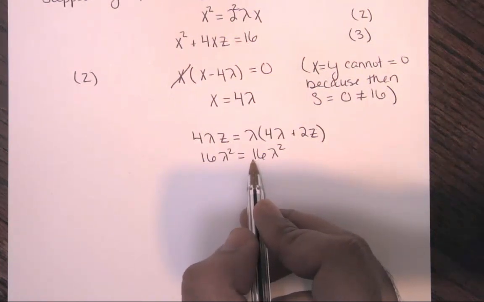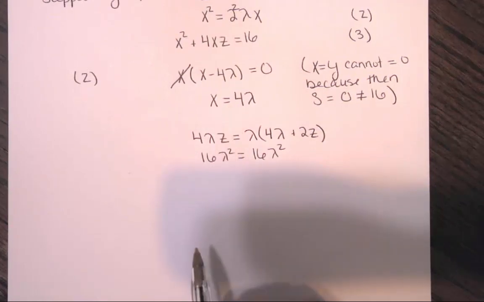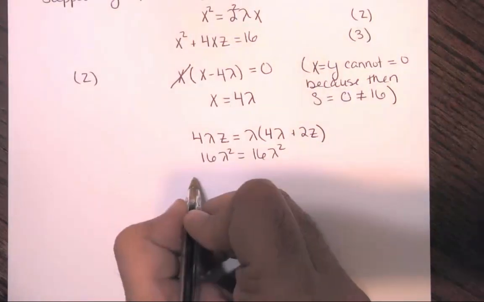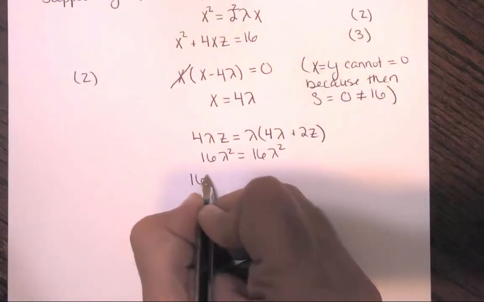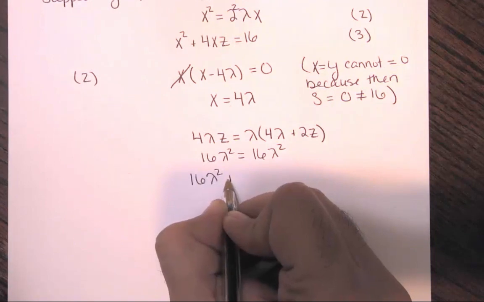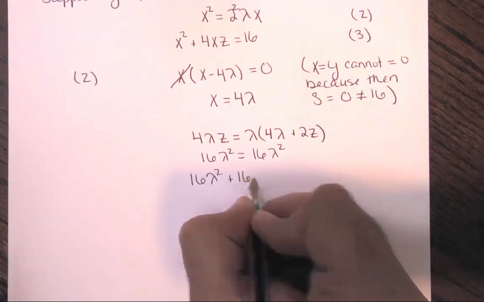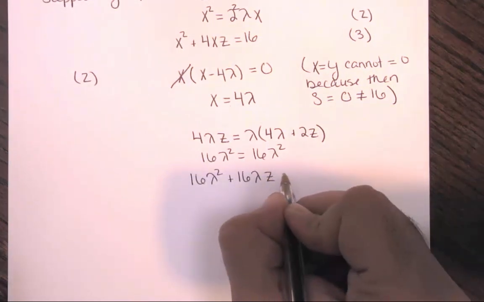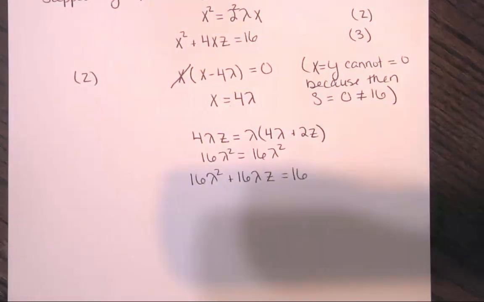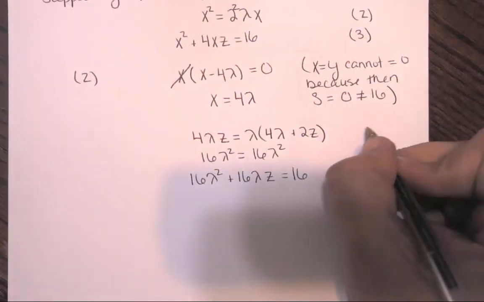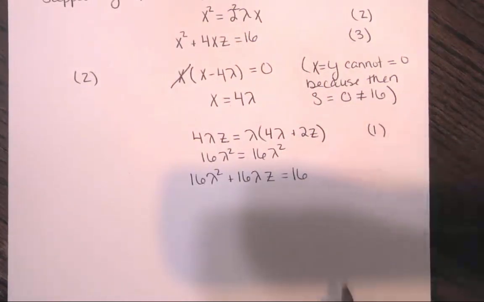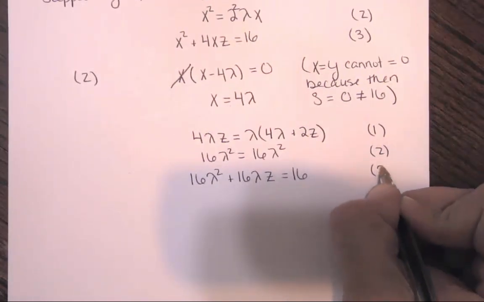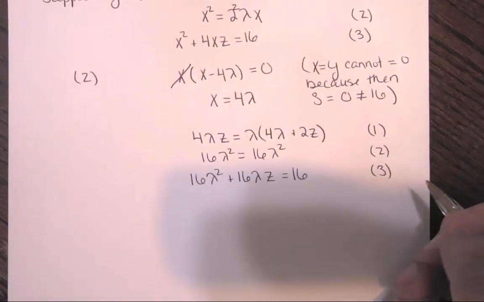So in some sense, we've removed another equation as we've removed an unknown. And my last equation gives me 16 lambda squared plus 16 lambda z equals 16. So again, let's number our new equations. I'll number this one even though at this point it's pretty useless.